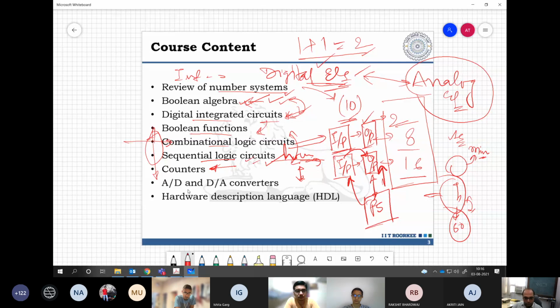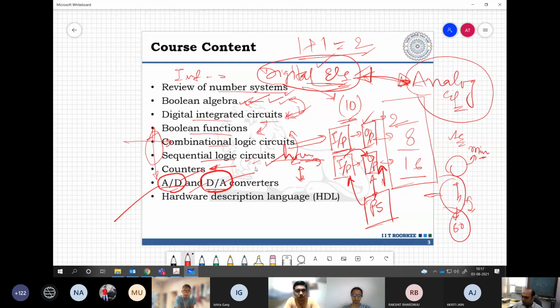And then there would be the combination of what we have seen earlier, the combination of digital electronics and analog electronics, which is where we convert one signal to another signal. So whenever we have analog, we convert it to digital, and whenever we have digital, we convert it to analog.